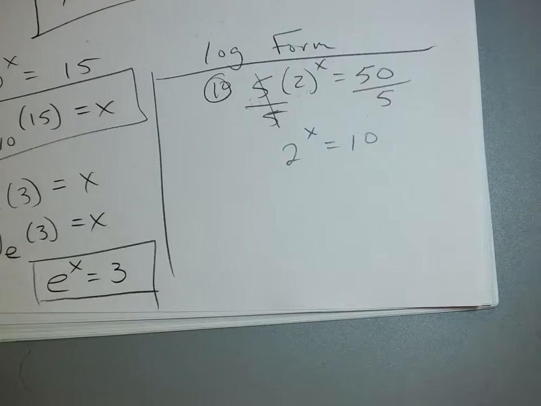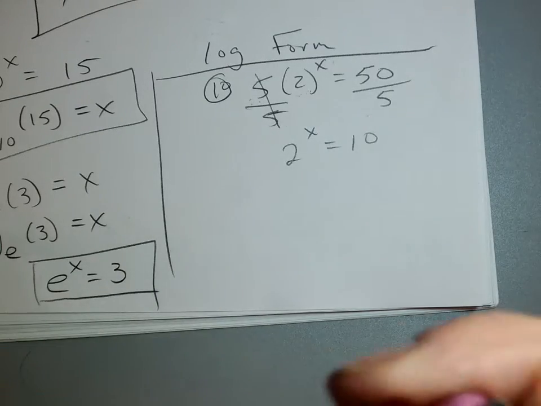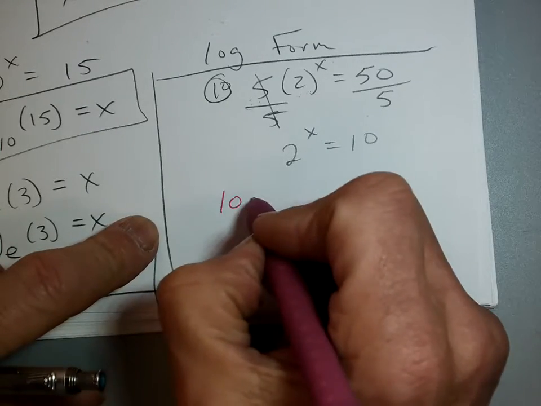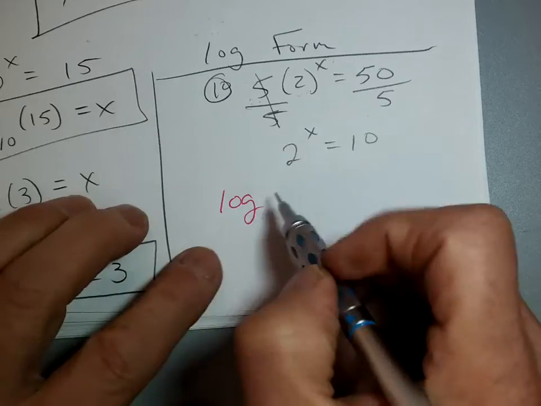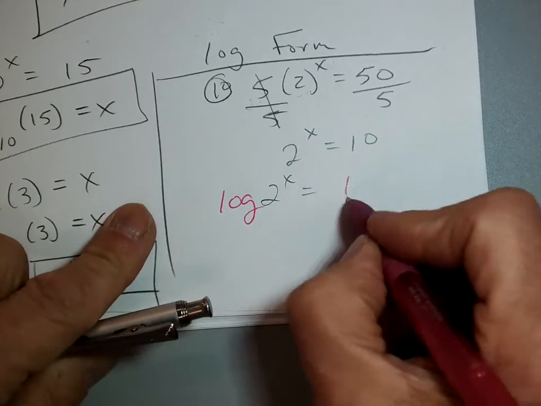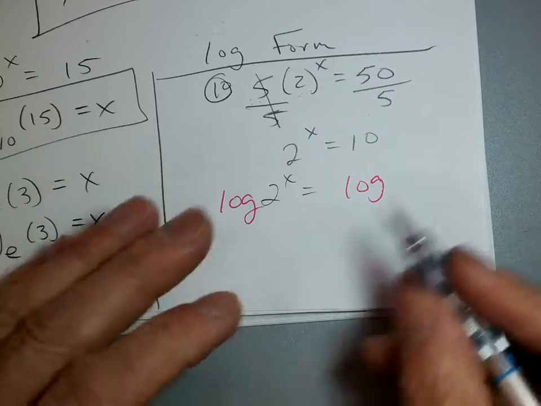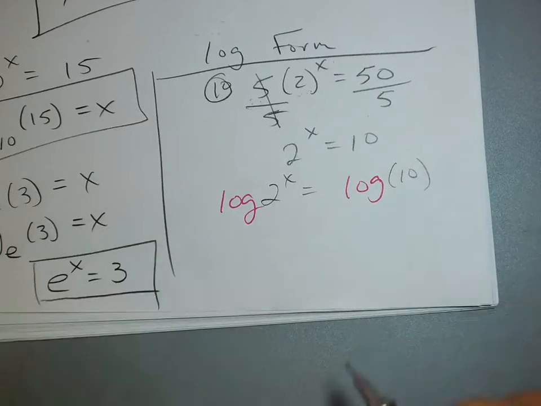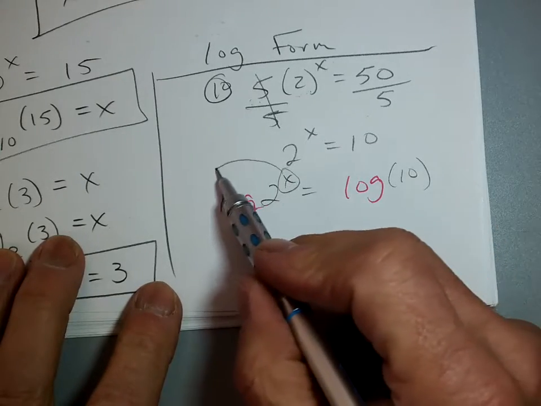Now, if we want to get rid of the exponent and bring it down, we have to take the log of both sides, right? So I'm going to have the log of 2 to the x equals log of 10. The reason we take the log of both sides is because it's going to float my exponent on down.